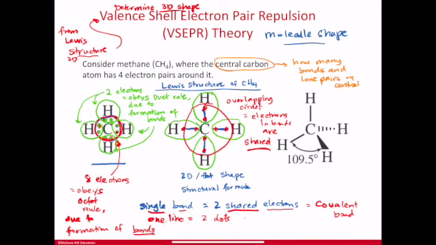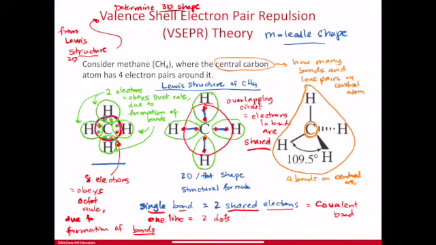So how many bonds and lone pairs around the central atom, that will determine the shape of the molecule. So this is the three-dimensional shape here. And the central atom, the carbon, that I've circled in orange, has 4 bonds. 4 bonds on that central atom.